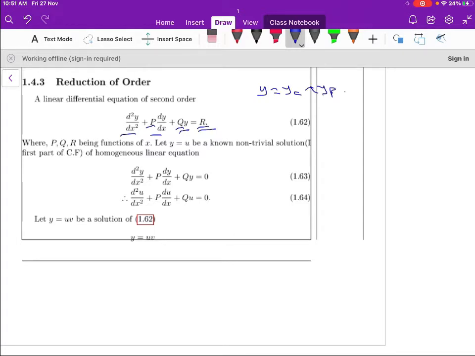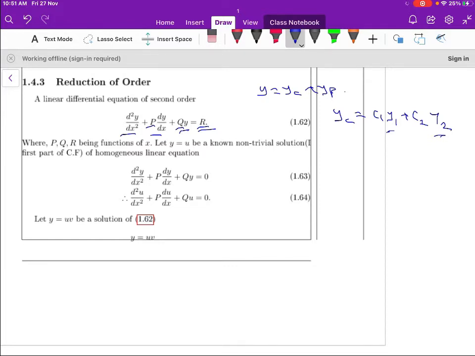Where yc is equal to c1 into y1 plus c2 into y2, because here I consider a second order equation. So yc consists of two solutions with a linear combination, that is c1 into y1 plus c2 into y2, where y1 and y2 are the linearly independent solutions of the homogeneous equation.